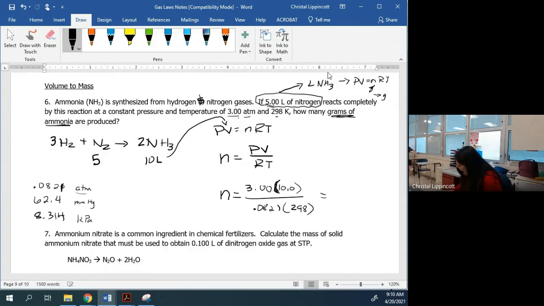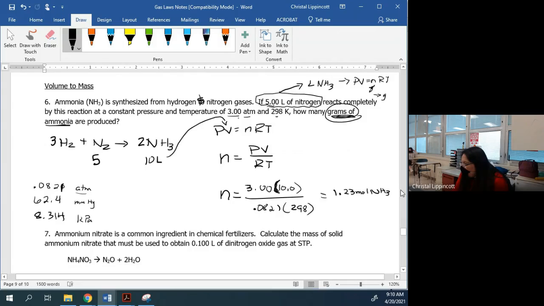So 30 divided by 0.0821 times 298 in parentheses. Put on my glasses so I can read it. I got 1.23 here, and that's going to be moles of NH3. They didn't want moles, they wanted grams.